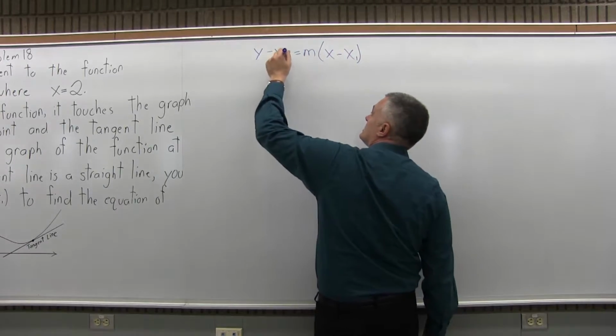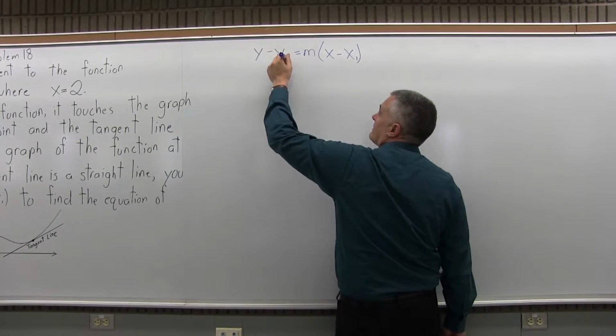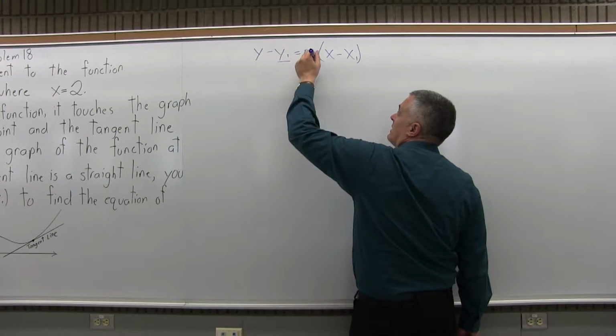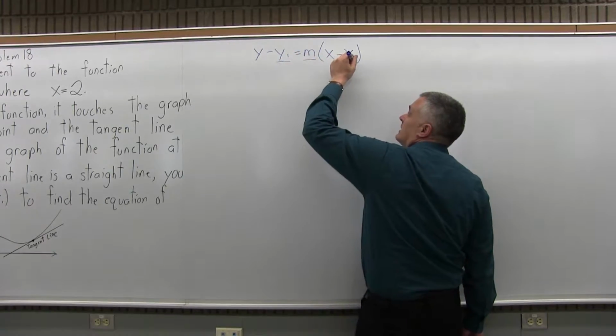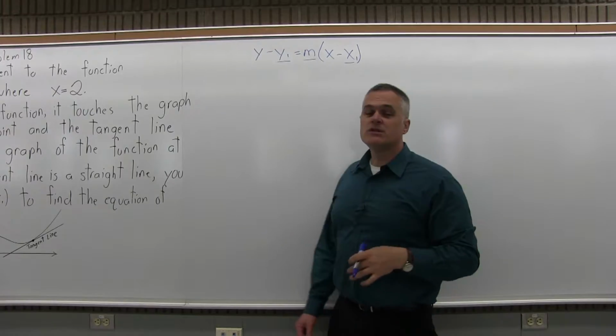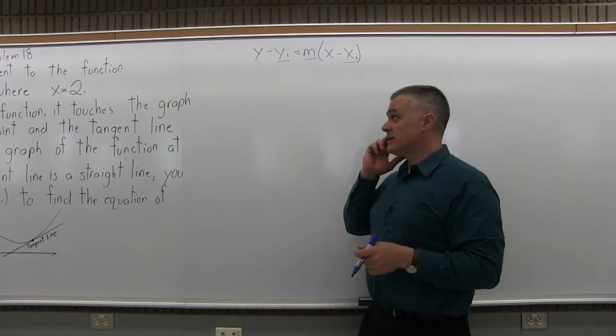And if you remember how to use this, most of this formula stays. We have to find a number value for y1, a number value for m, and a number value for x1. And the rest of the formula just stays, and we can simplify it a little bit.